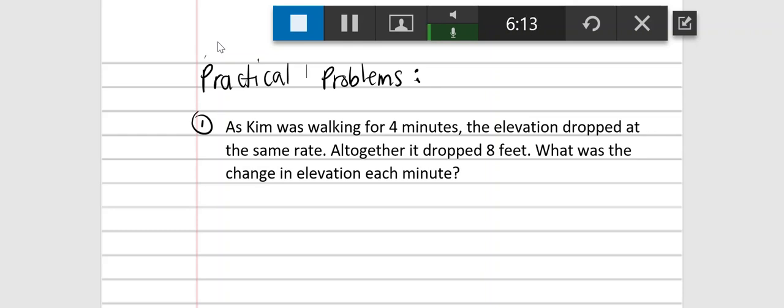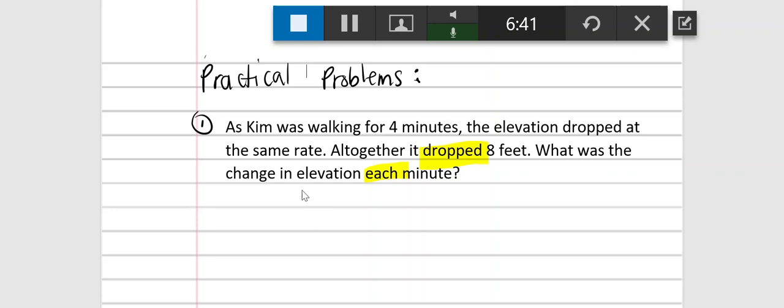The first thing you need to figure out is what operation you're doing here. Some key words here, you want to find out how much the elevation changes each minute. So in this word problem, that means division. And you also need to pay attention to the fact that it drops 8 feet. This is going to make 8 feet negative.